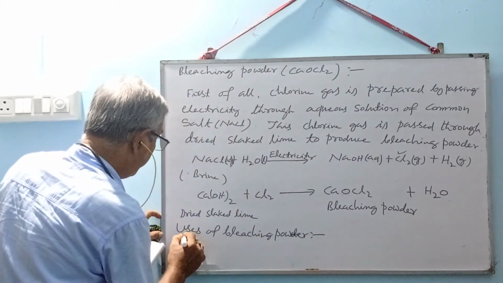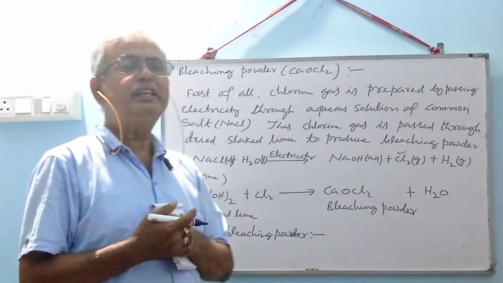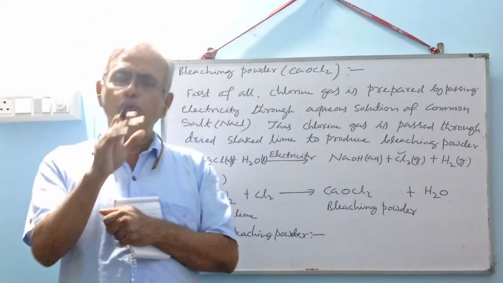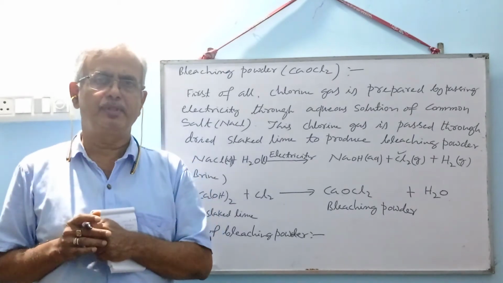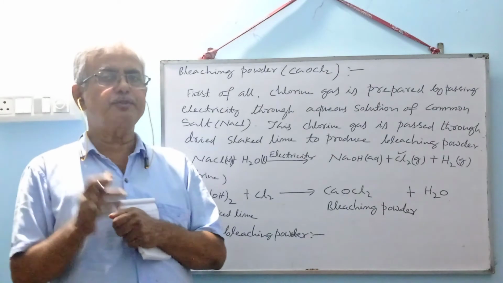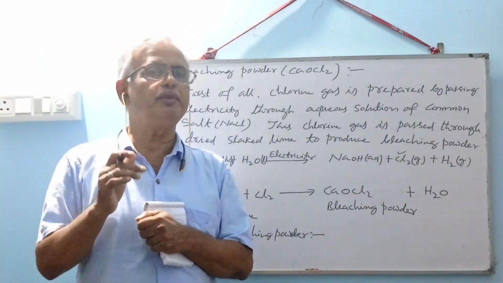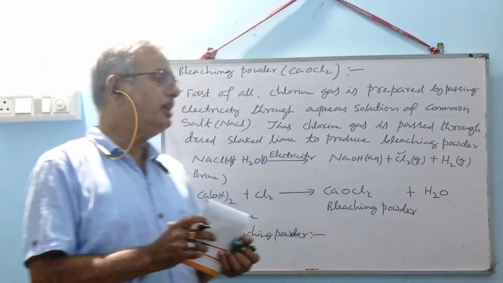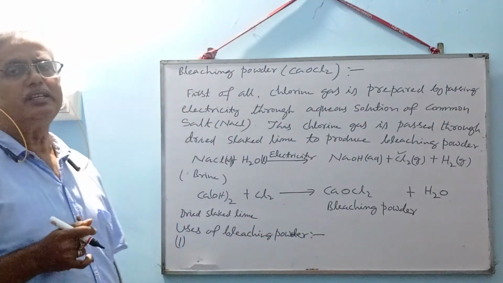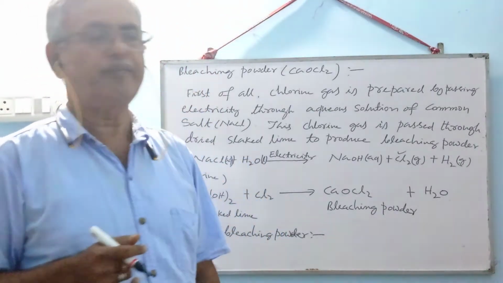Number 1, bleaching means removing the color of something. So a bleaching agent is the substance which can bleach out the color of a substance. So bleaching powder is used as a bleaching agent in the textile industry and the paper industry.